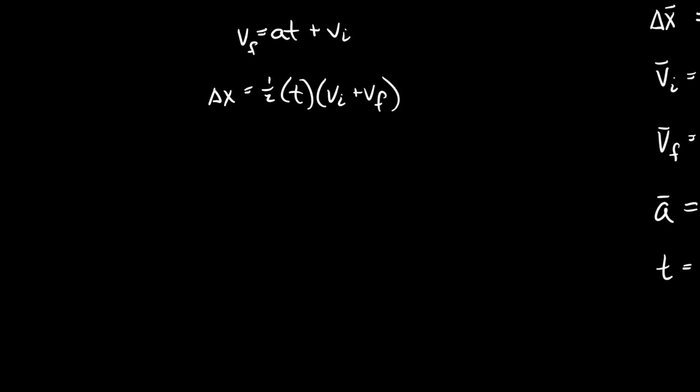We generated these in class by doing a little bit of work on some graphs and then algebra, correct? In fact, v equals at plus vi, and delta x equals 1/2 t times vi plus vf are just slope and area, right? That's where those came from.